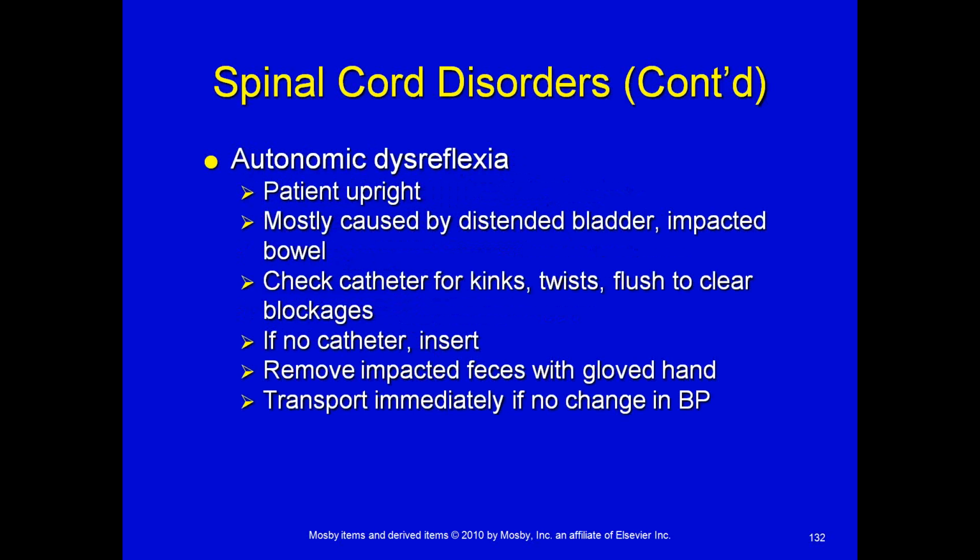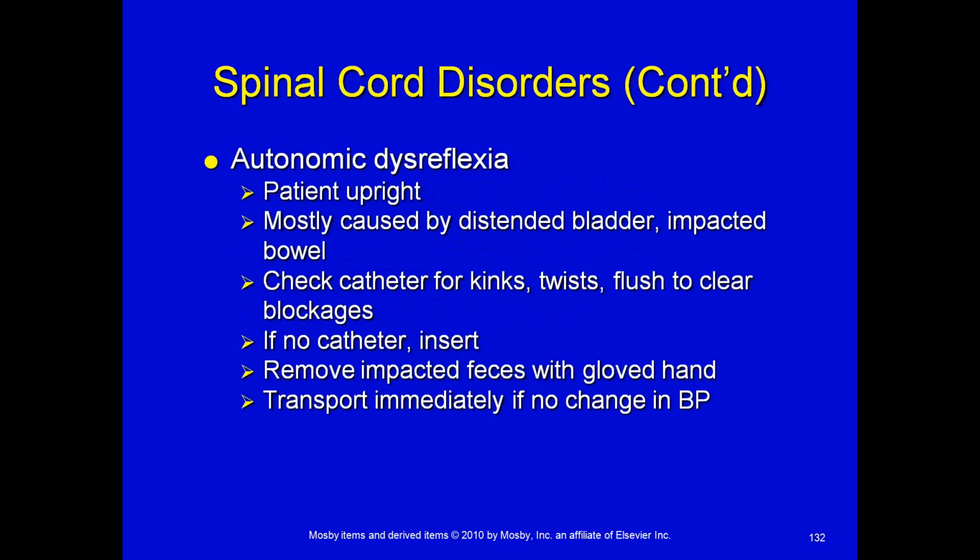It's often caused by a distended bladder in the elderly or impacted bowels. So check your catheter for kinks, twists, and flush to make sure and clear any blockages. If you've got a Foley catheter in place, certainly make sure that it's flowing well and it's not occluded.